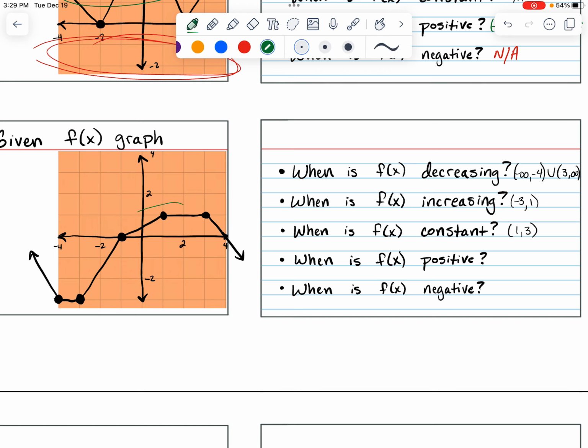When is f of x positive? So when is f of x above the x-axis? That's going to be from -1 up until 4. And when is f of x negative? This is when f of x is below the x-axis.